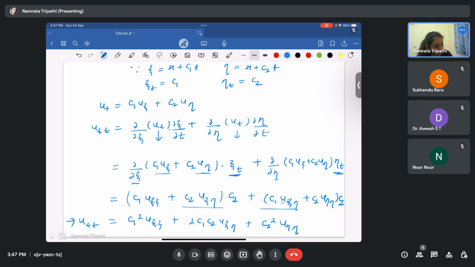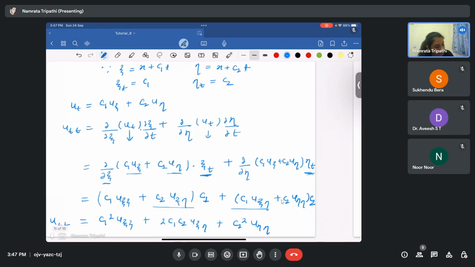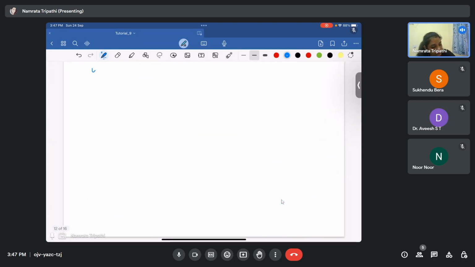Okay. Now, what will be the value of u of x? Can anyone tell me? Again, u xi xi x plus u eta eta x, and xi x is 1, eta x is also 1. So this will become, fine.